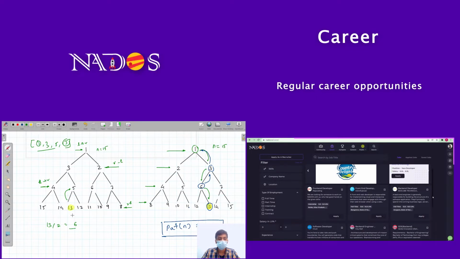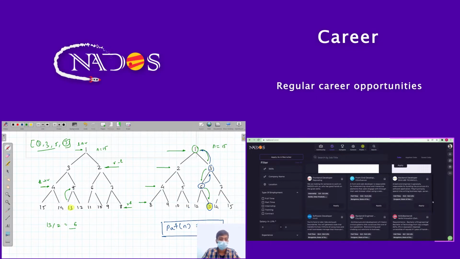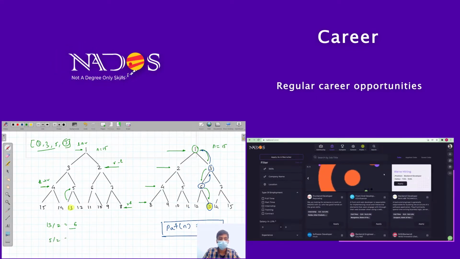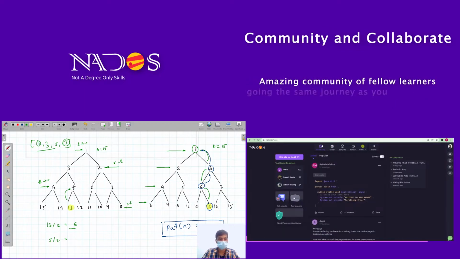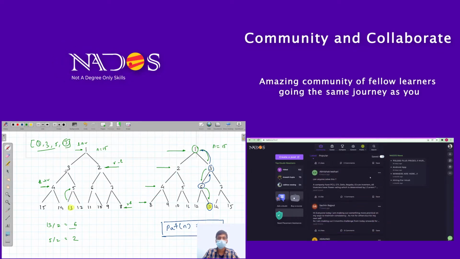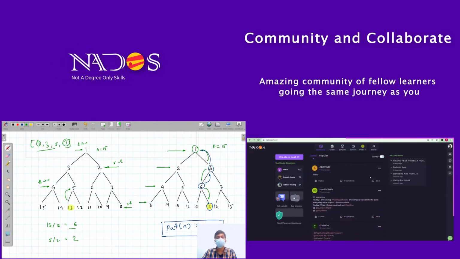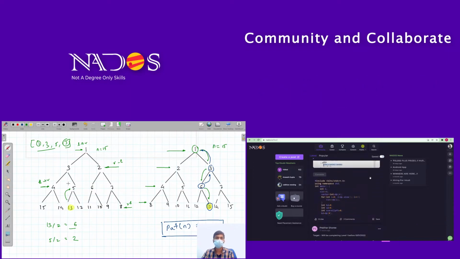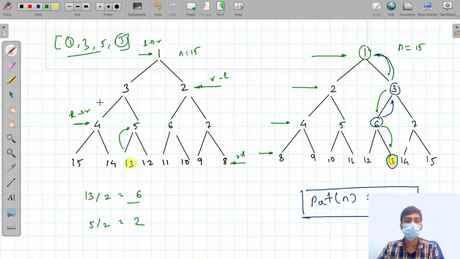Let's apply the same formula further. If I divide 5 by 2, it gives me 2. According to this formula, parent of 5 should be 2, but here it is 3, right? So we can say that this formula is not working on this given tree, right?